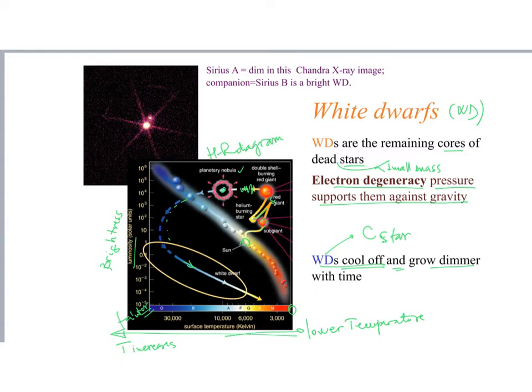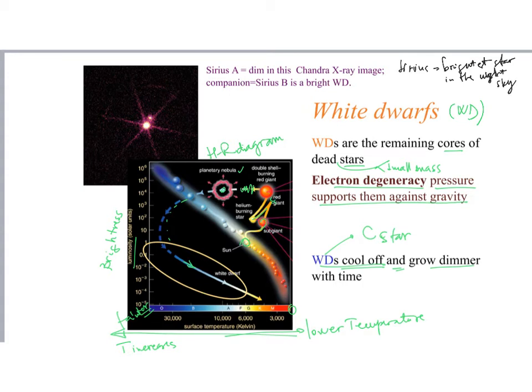All right. Another thing I wanted to talk to you about is that you actually know one white dwarf out there in the sky, which is the star Sirius. Seriously, that is the brightest star in the night sky.